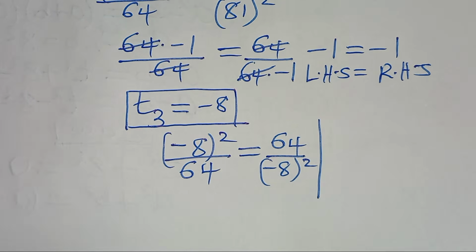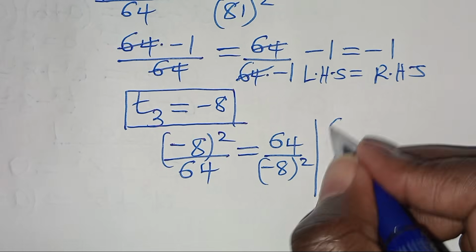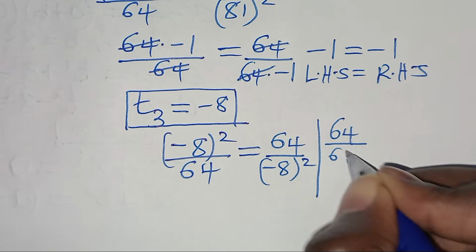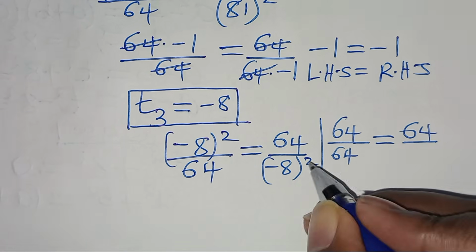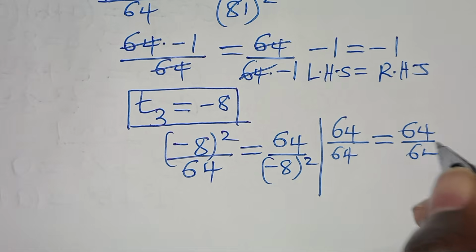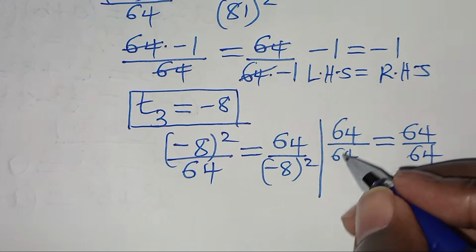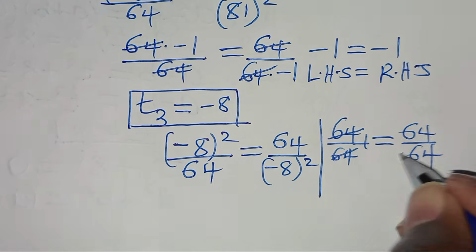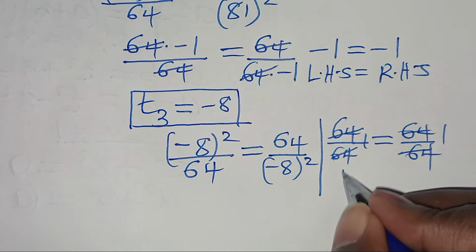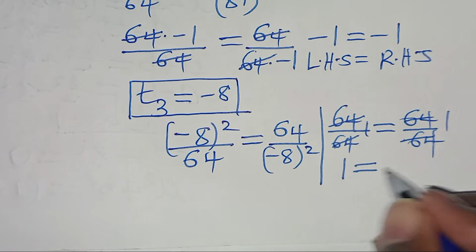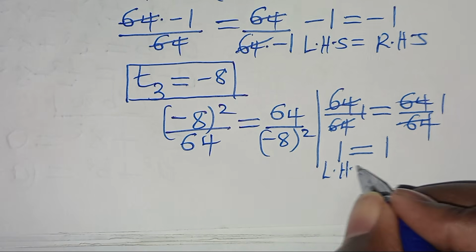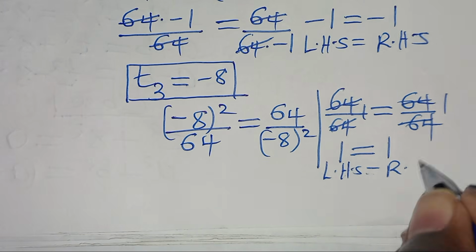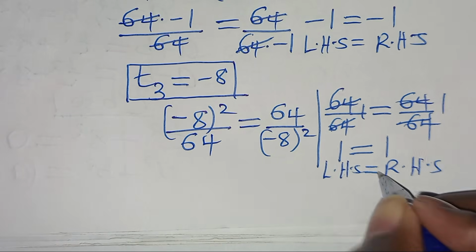So minus 8 squared is 64, giving 64 over 64, equal to 64 divided by minus 8 squared, which is 64. Let's simplify here and also here, so that on the left hand side we have 1, and on the right hand side we have 1. So the left hand side is equal to the right hand side.